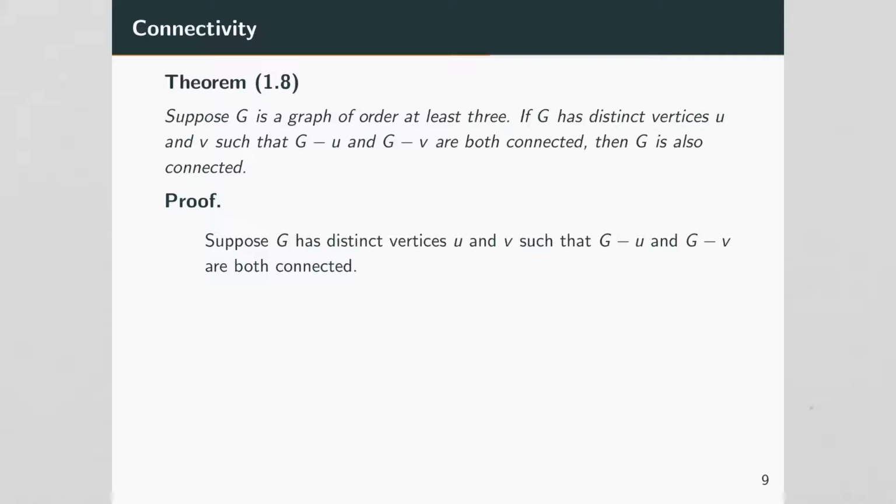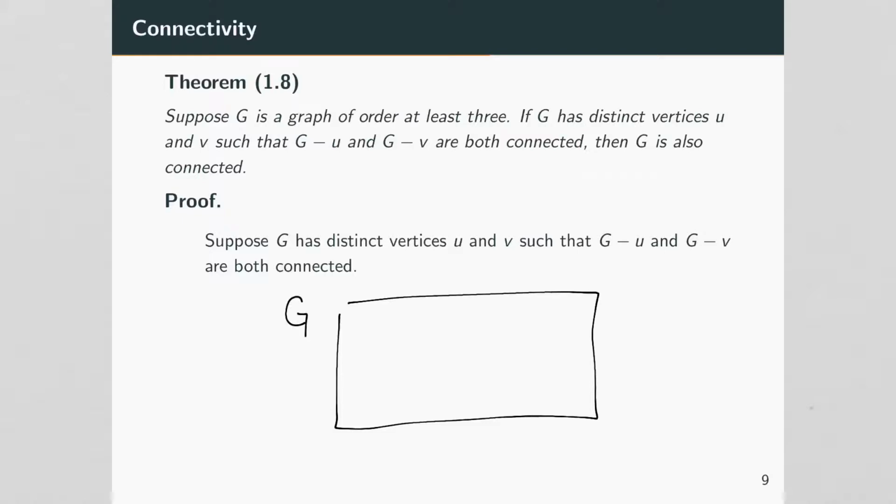So we want to think about what that looks like exactly. So we've got this kind of unknown graph G, so we're just going to have to be very general with our argument here. We've got some big graph G, and maybe we'll just say G lives inside this rectangle.